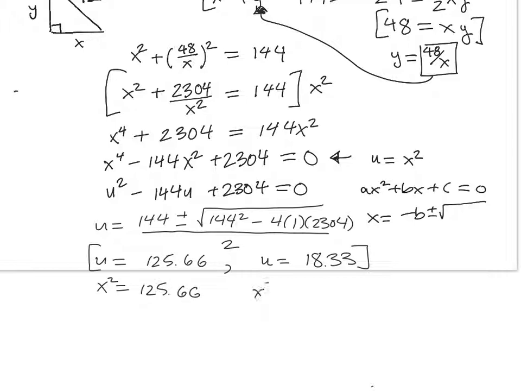And you have x squared equals this thing. So in this case, when I square root both sides, I'm not going to actually give a negative answer. So this first one is approximately 11.2, and the second one is approximately 4.3.